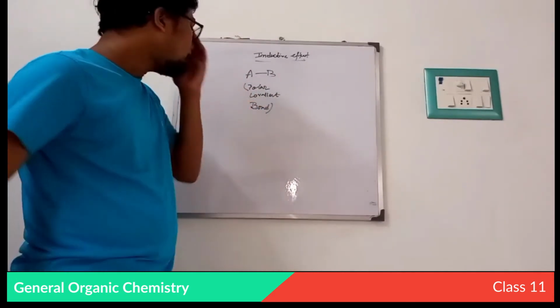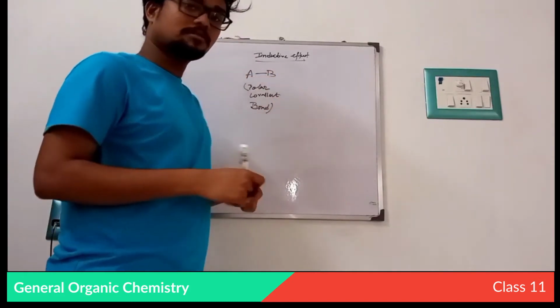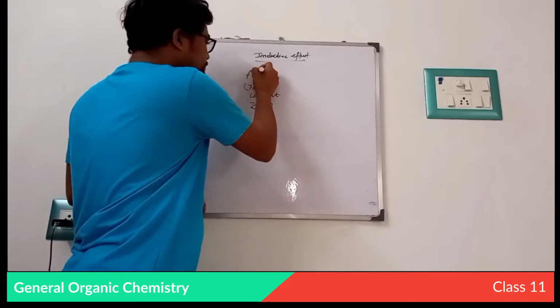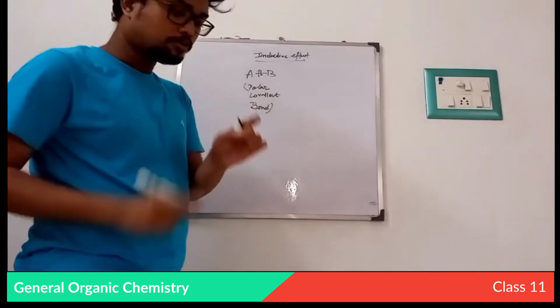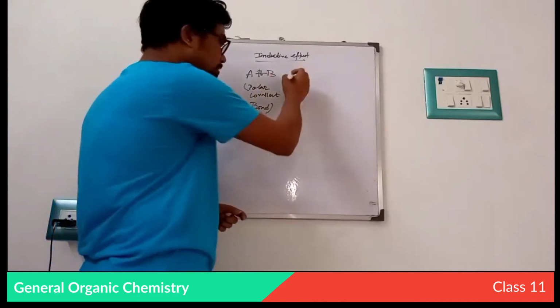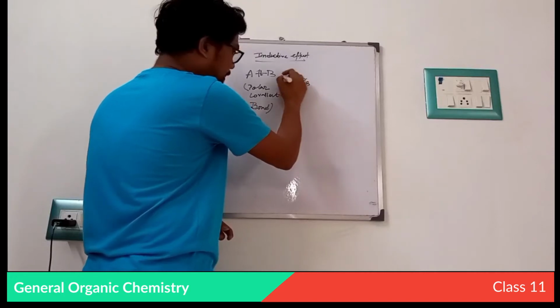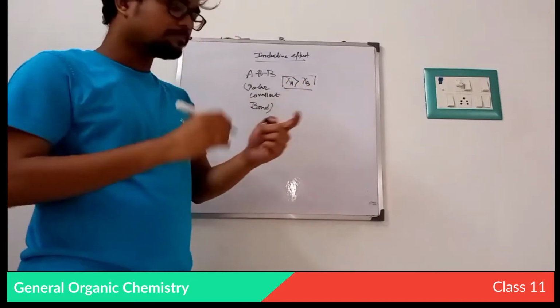Now, we have learned that in case of polar covalent bond, two electrons are shared in one bond. Suppose let us consider the electronegativity of A is greater than the electronegativity of B. So, what does it mean?